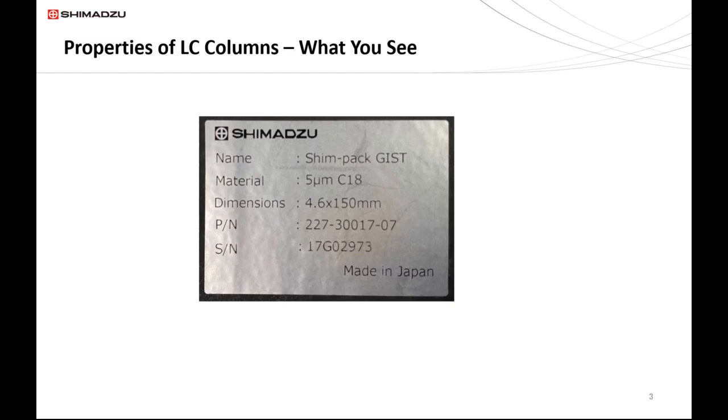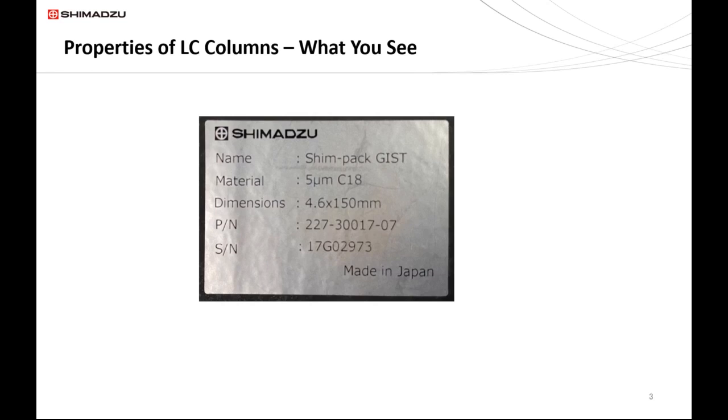There are many properties to take note of when it comes to LC columns. If you have an LC column with you and you look at the label on the column or on the box itself, you will find that some of these properties are written in the description. For example, what I have shown here is the label for our SHIMPAC GIST column.